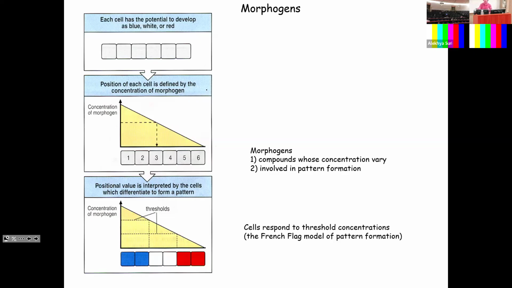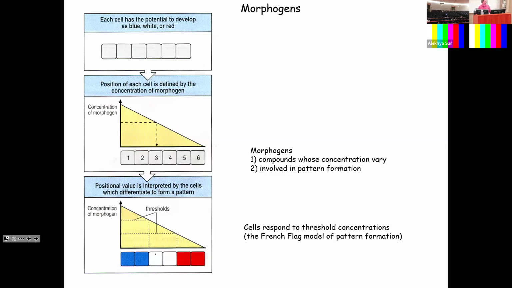So it acts as a threshold kind of molecule or protein. And that's the concept of morphogen. There is a secreted factor, a signaling protein, but it also responds to concentration, or concentration varies. Okay, and that is an important aspect of the function of the morphogens.